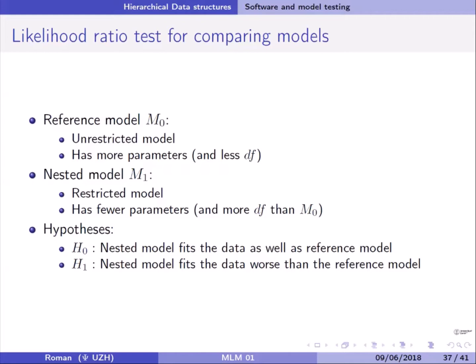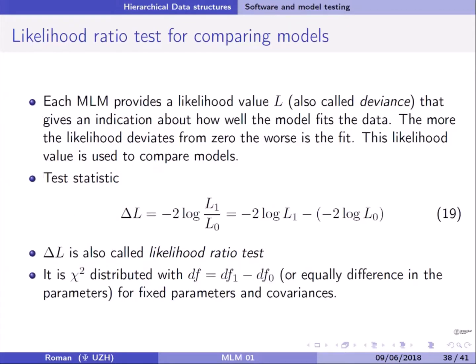It's important to know that this is a directional hypothesis. By removing information from the model, it can never explain the data more. So it will only be worse or equal. So our null for the likelihood ratio test for comparing an unrestricted and restricted model is that the restricted model with less parameters or variables has the same explanatory power as the reference model.